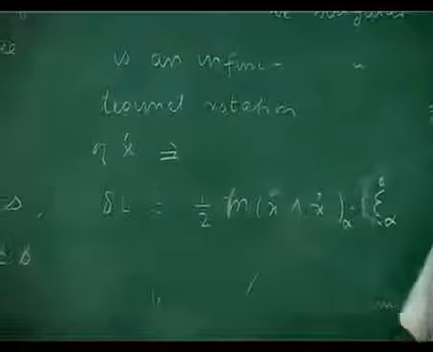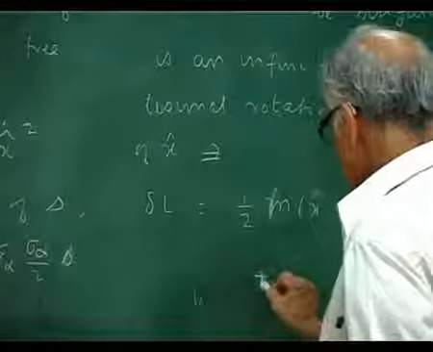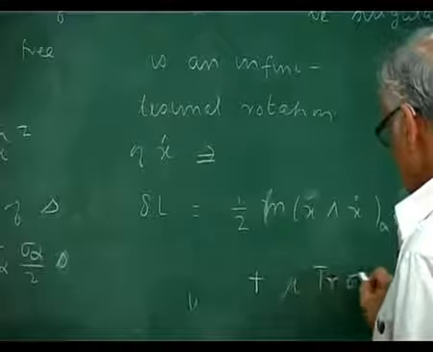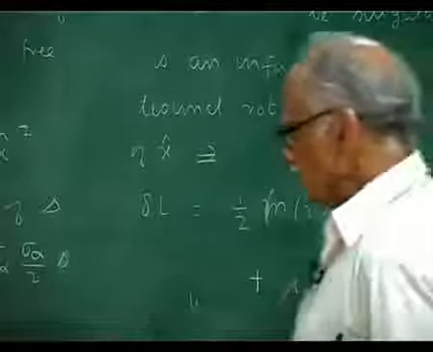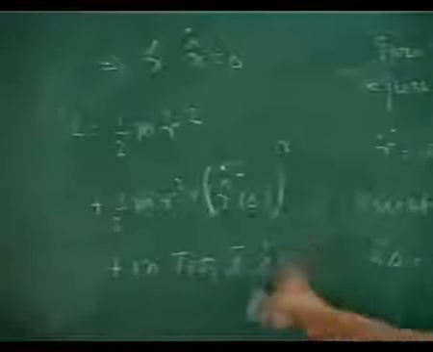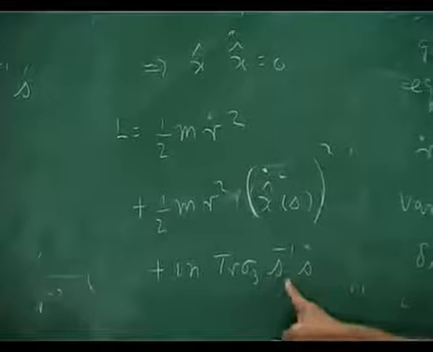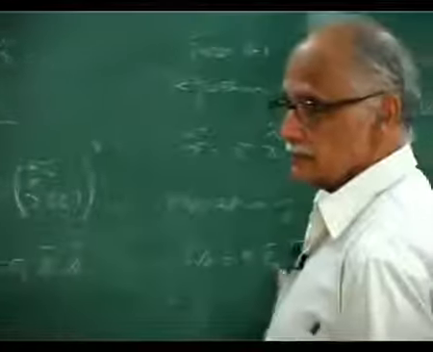But there will be an additional term plus i trace sigma 3. But notice that if epsilon alpha were time independent, they will cancel in the middle. So I need only worry about the epsilon alpha dot term.